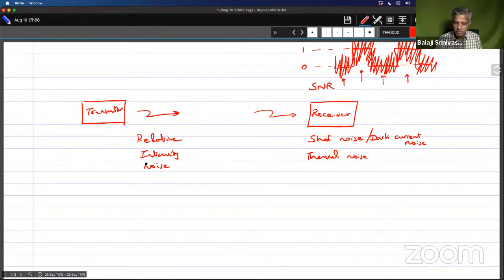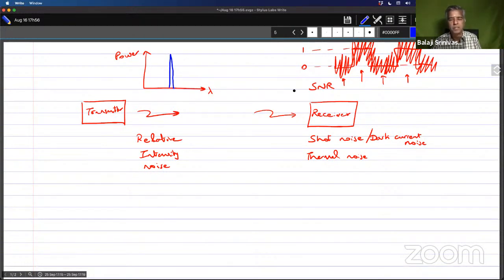And this happens because, as a transmitter, if you look at the power as a function of wavelength, you are trying to transmit at a particular wavelength, right? And you would expect that this light has fairly high coherence, so that you do not undergo a lot of dispersion and so on.